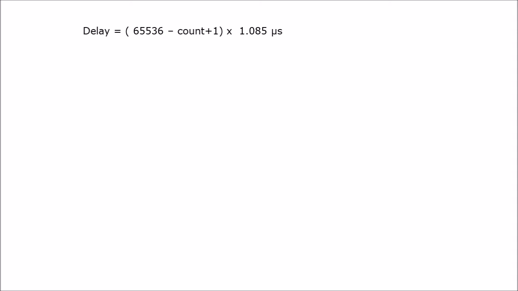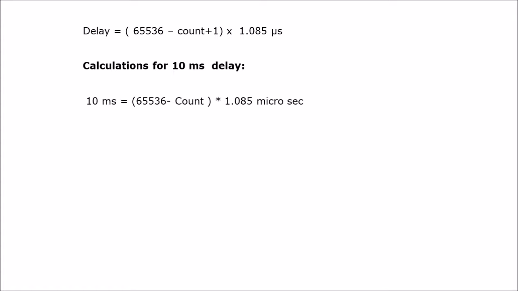Calculation of count for 10 millisecond delay. So for delay, we'll substitute 10 millisecond and we'll find this count in decimal. So we'll use formula 10 millisecond equal to 65536 minus count plus 1, or approximately we can use only count, into 1.085 microsecond. By solving this equation, we'll get count equal to 56319.